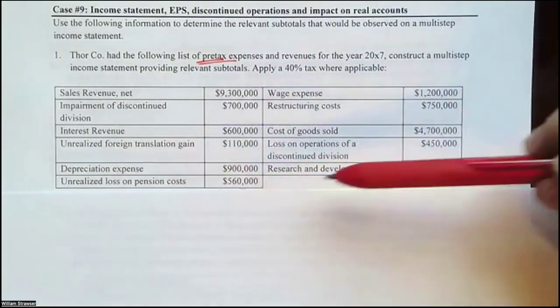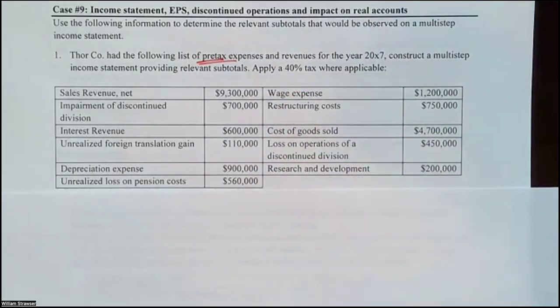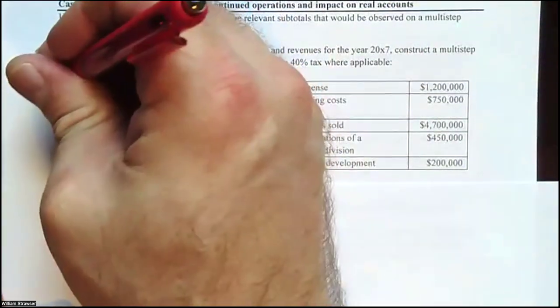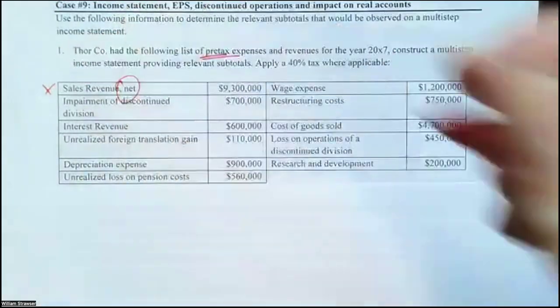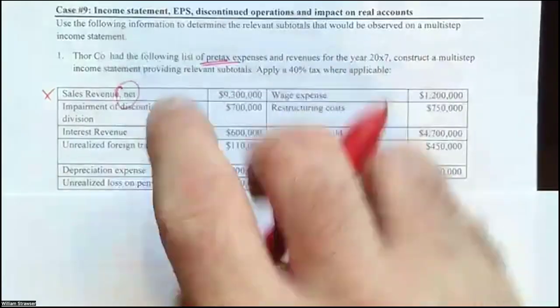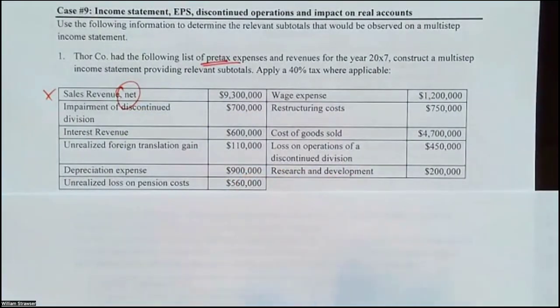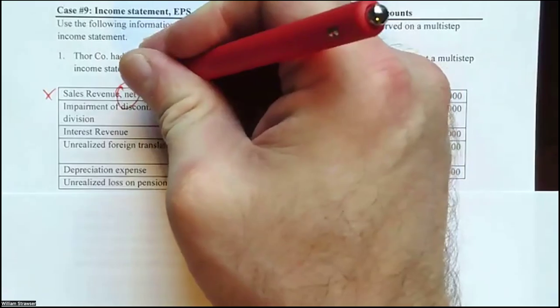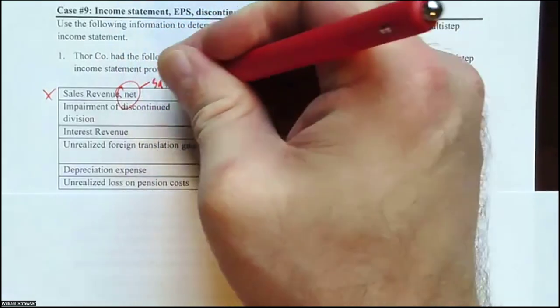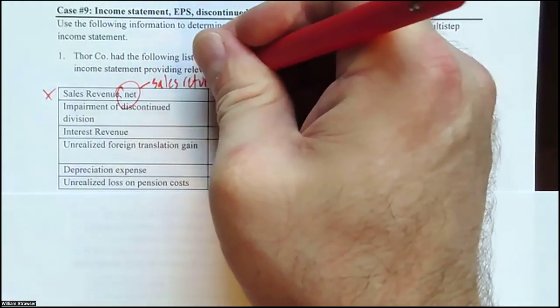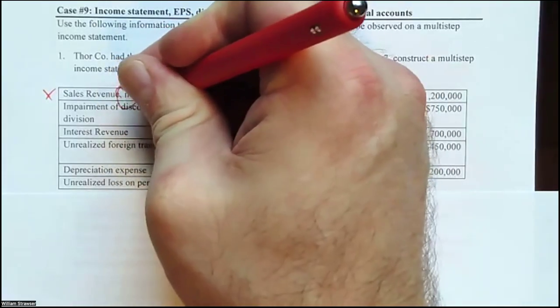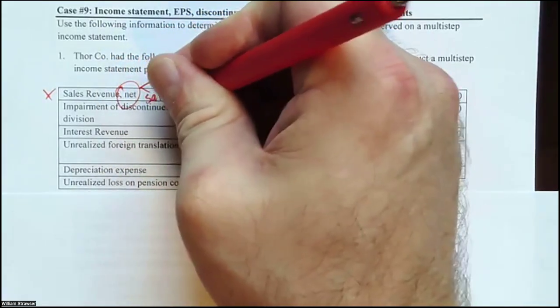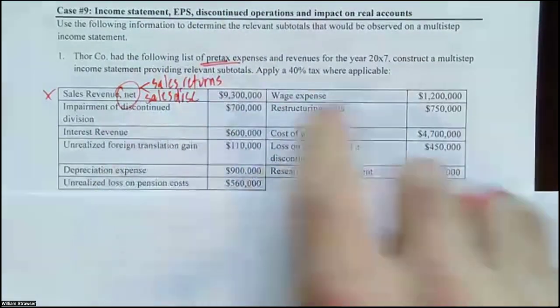And so, yeah, we have our random collection of accounts. We need to organize them into the multi-step format. There's a lot of ways you can go about doing it. Of course, sales revenue is always our first thing. Remember, I'll call your attention to this net. It will be broken out on the final: I'll give you perhaps some sales returns, and I'll give you perhaps some sales discounts, as separate accounts, separately listed.